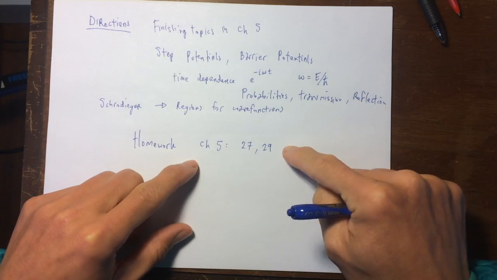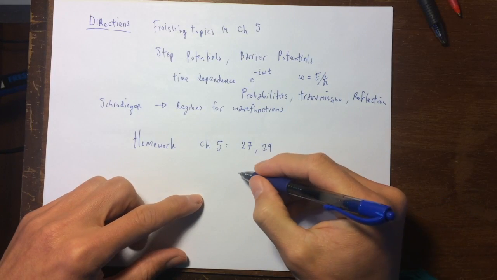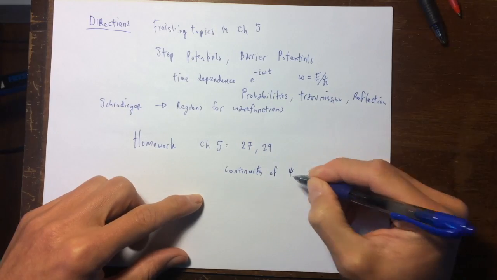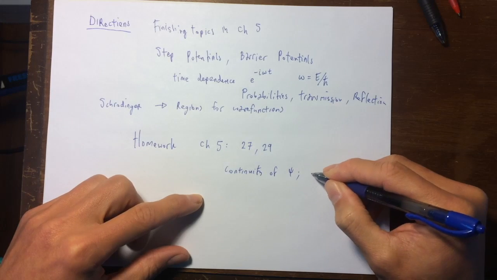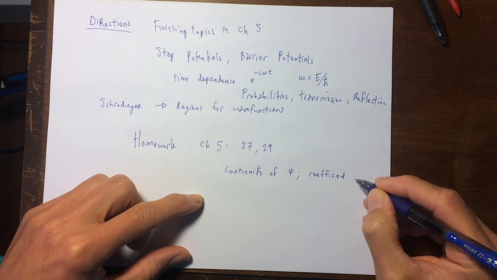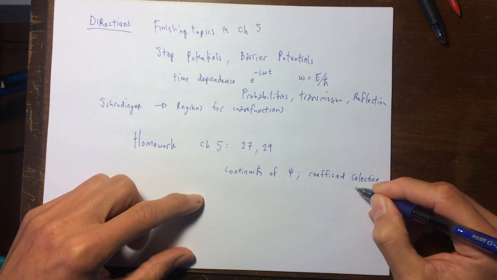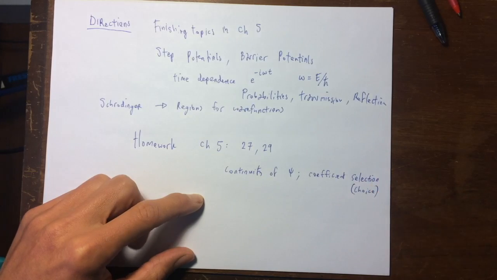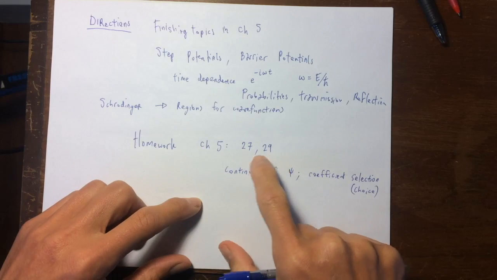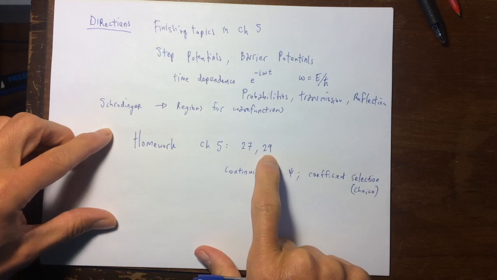And they get you to explore a lot of these issues, including continuity of wave functions and thinking about coefficient selection or choice. So that's what these homework problems are associated with. Why don't you go check them out? Do this reading, check out these homework problems.